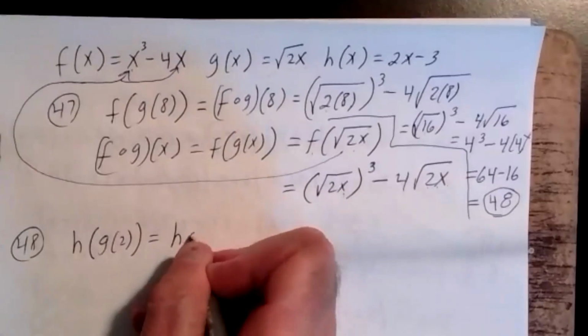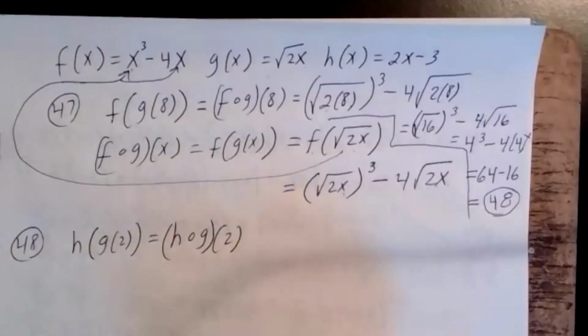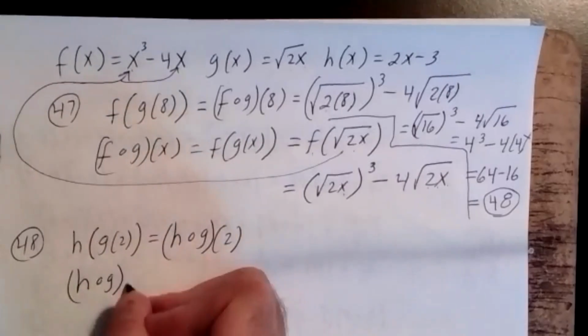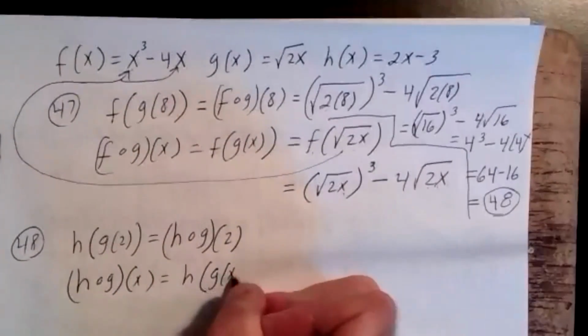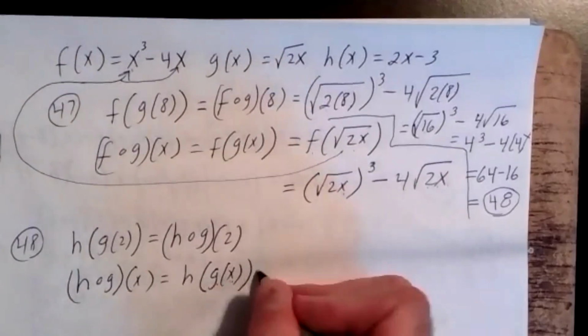This is really going to be h composed with g evaluated at 2. That's what it is. First, you might want to find what that function is. h composed with g of x is h of g of x. Put x in the function g, out comes g of x. g of x is the square root of 2x.